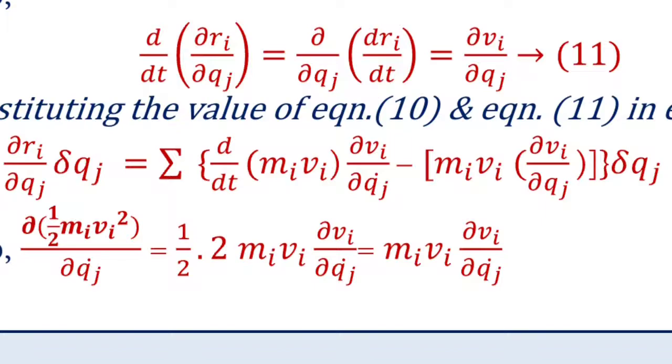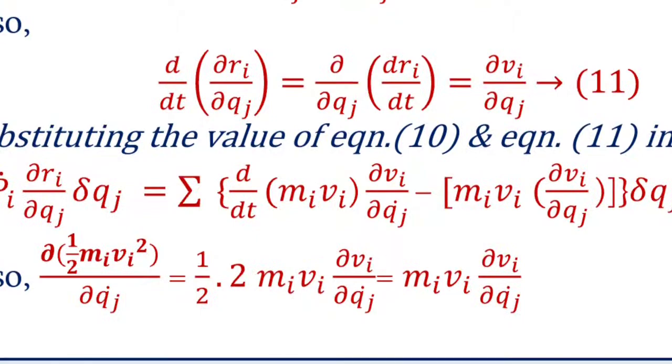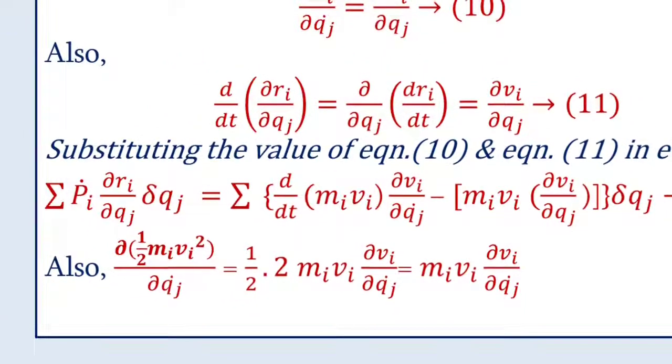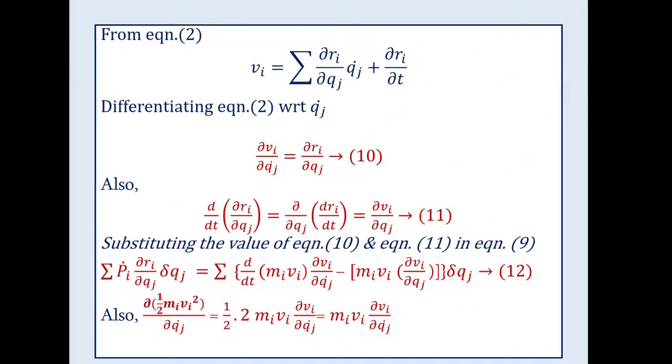This 2 and 2 will get cancelled. We will get mi vi ∂vi/∂Qj dot. So see here, in this equation we have mi vi ∂vi/∂Qj dot. In place of that we can write ∂/∂Qj dot of half mi vi square.